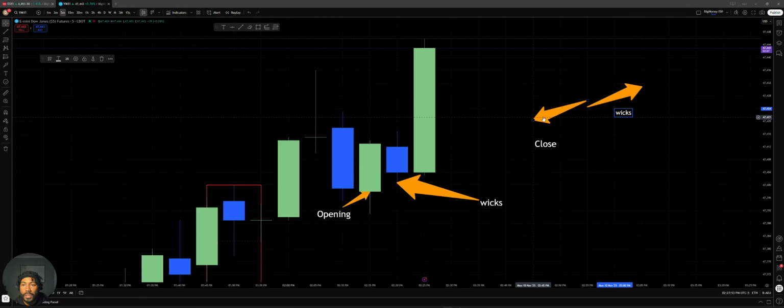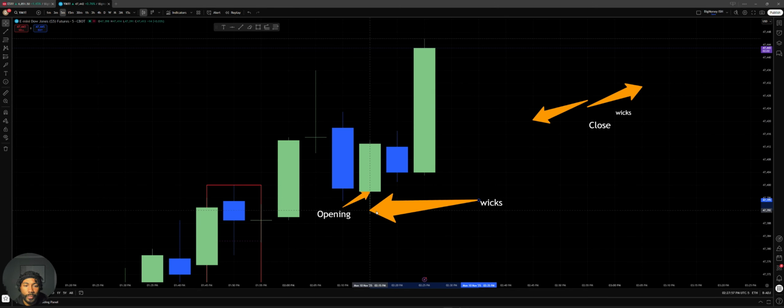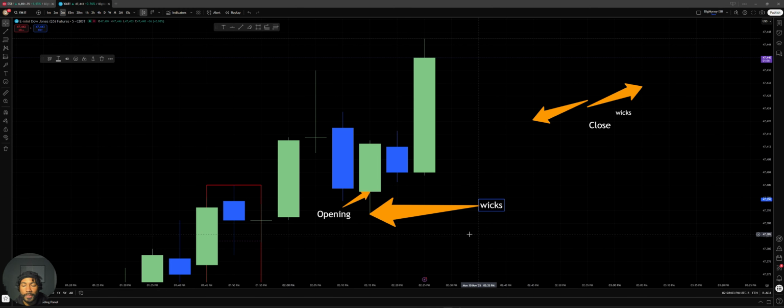So I'm going to put these to the side, the close and the top wick. We already have the bottom wick of that 15-minute candle right here. The reason I'm putting those to the side is because the 15-minute candle hasn't fully closed yet. And it's also closing above this candle here and this candle here. So we have the first 5 minutes of the 15-minute candle, which started at 2:15.